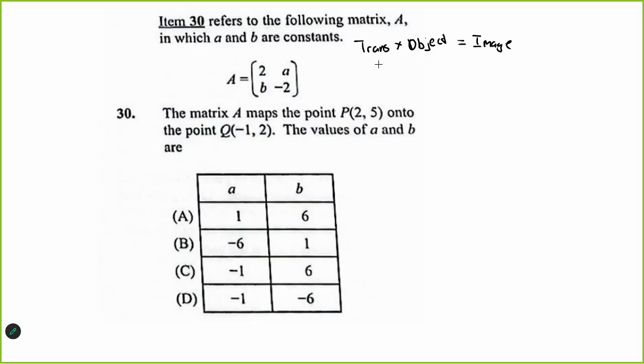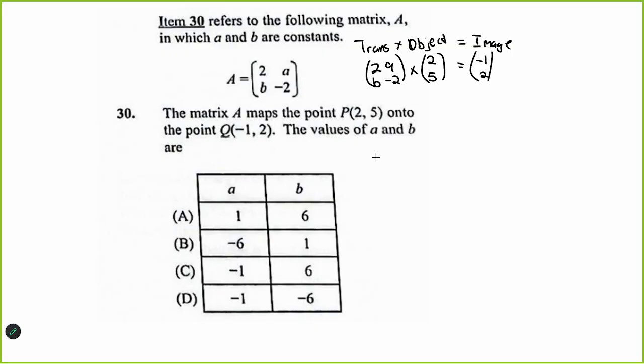So your transformation, they said, was 2, A, B, negative 2, multiplied by your object, which is 2 on top, 5 at the bottom, to give you Q, which is negative 1, 2. So what you have to do is put in these values of A and B and multiply it by 2, 5 to see which one will give you negative 1, 2.